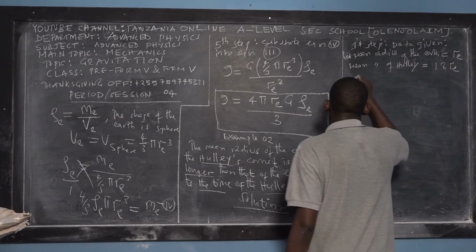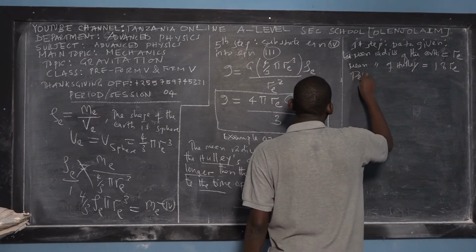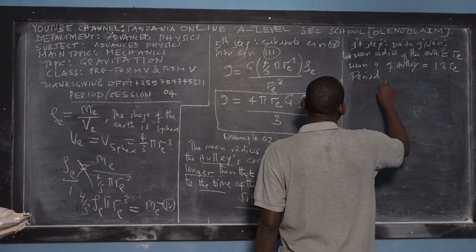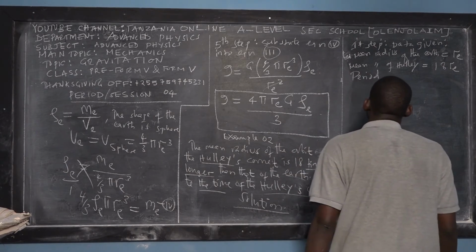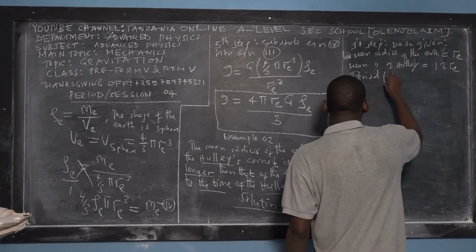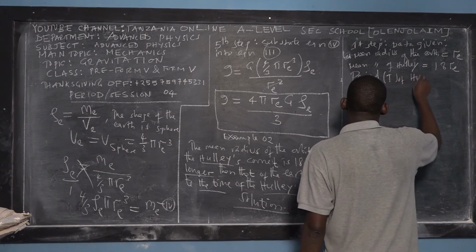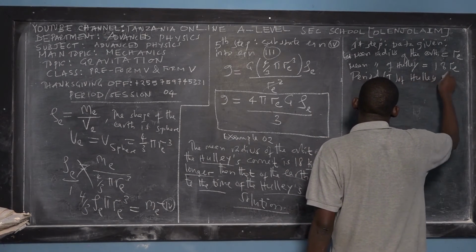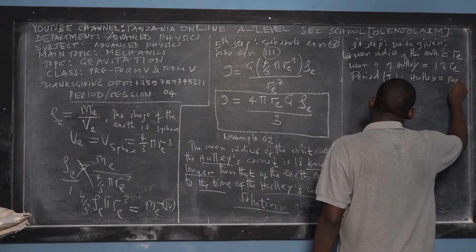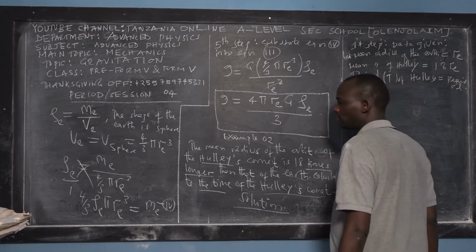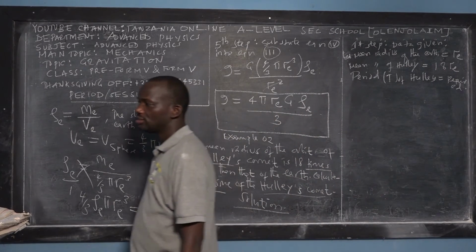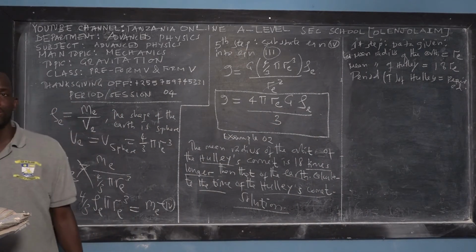Okay? Calculate the time of the Halley's comet. So what is required? The period. It means calculate the time for Halley's comet to complete one revolution. So what is required is the period of Halley. Why do we call it a period?